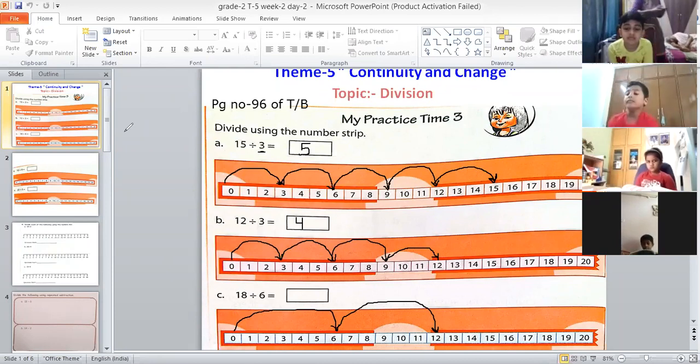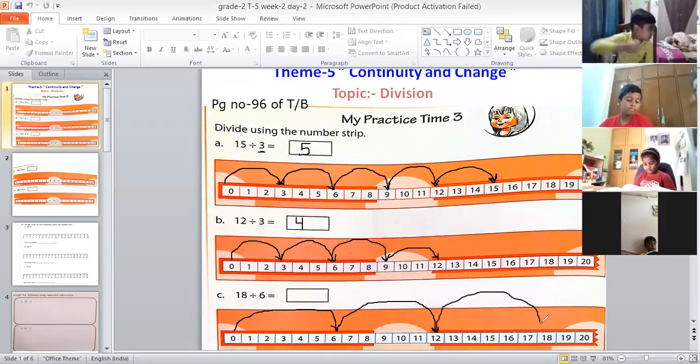Count 6 forward. Tell me how much you will get. 18. Yes. If you count forward 6 from 12, you will reach number 18. So we will reach number 18 this time.